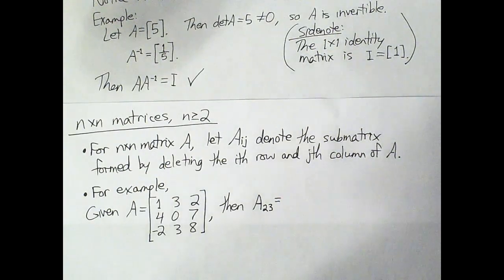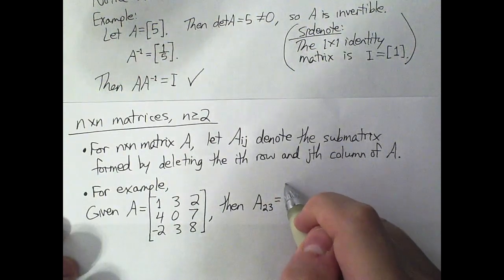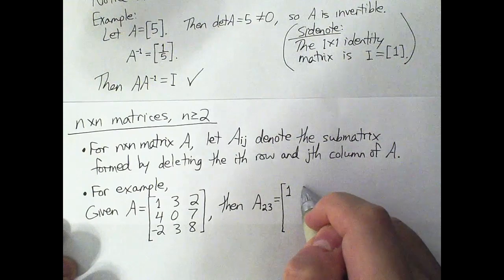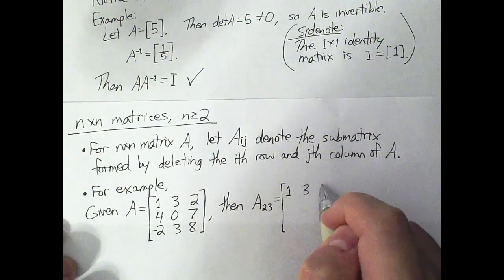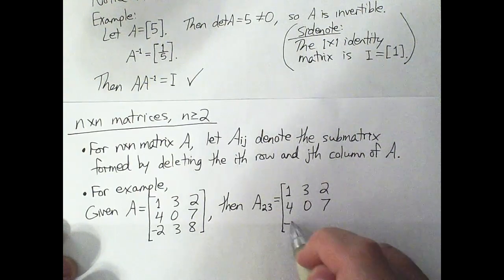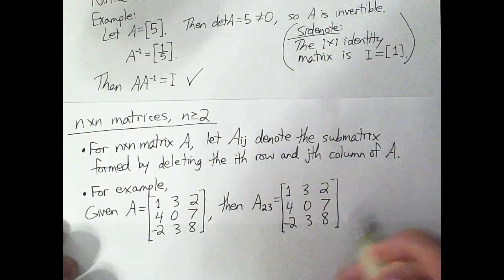So we're going to make a new matrix by deleting a row and a column. So in my little example here, I wrote a 3 by 3 matrix, and I've said A23. Well, A23, we're going to delete a row and column. I know which row and which column. Here's what I'm going to do. I'm going to write all of the matrix A, and then we're going to cross out the part that we're deleting. So we're not done until we actually cross some things out.